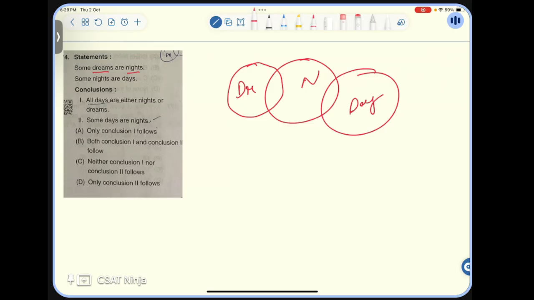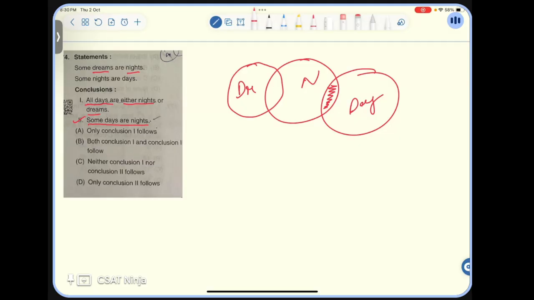So what is given here? All days are either night or dreams. Let's set this one aside for once and go to the next. Some days are night. Can I say that? Because there are some days that belong to night as well. So option number two will follow. But what about one?